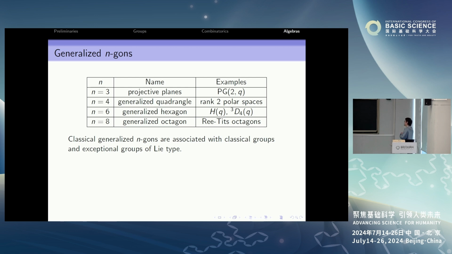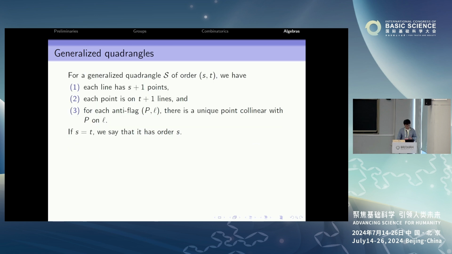And the octagons have to do with the group F4. So they are associated with the classical groups and exceptional groups of Lie type. Later, we will focus on generalized quadrangles for the final result.